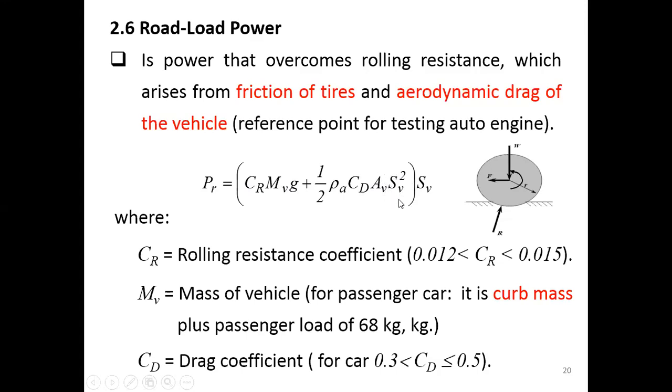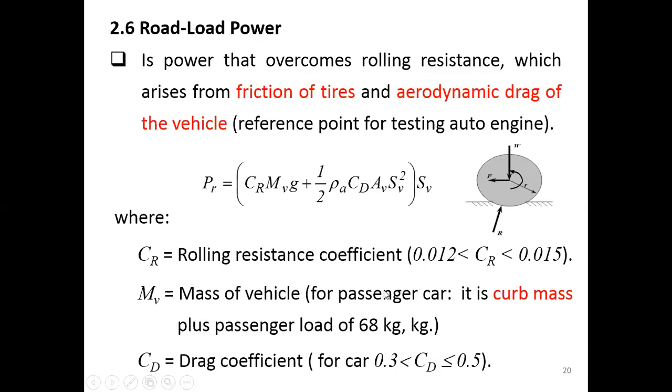This is the speed of the car, not the speed of the engine. Okay, that difference, right? S_V means the speed of the car. C_R here stands for the rolling resistance coefficient, which is in the range of 0.012 to 0.015. M_V is the mass of the vehicle, or the mass of the car.